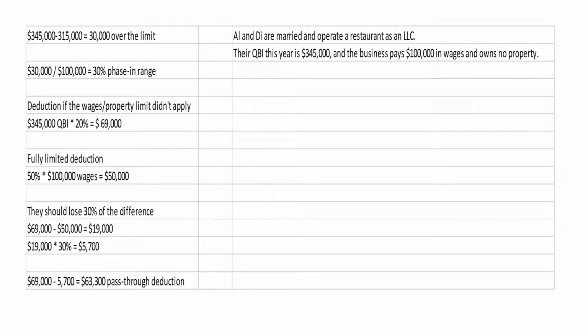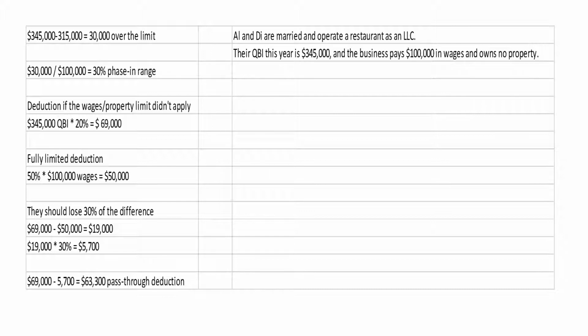Their deduction, if the W-2 wage and property limit didn't apply, would be 20% of their $345,000 QBI, which equals $69,000. Their fully limited deduction based on their W-2 wage is $50,000, which is $100,000 wages paid, multiplied by 50%, and you come up with $50,000.